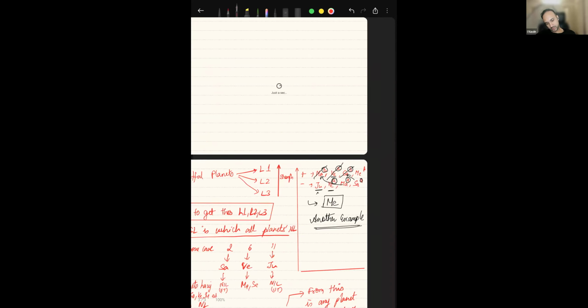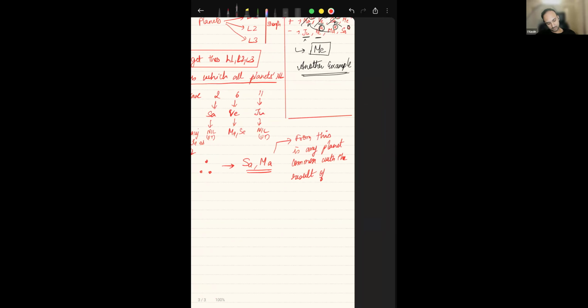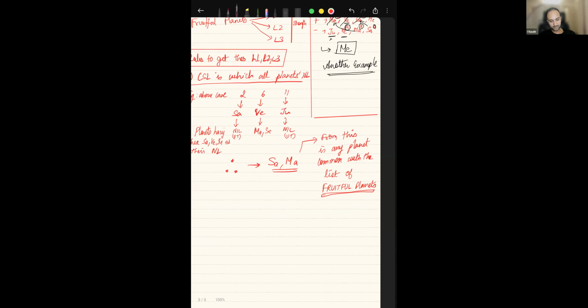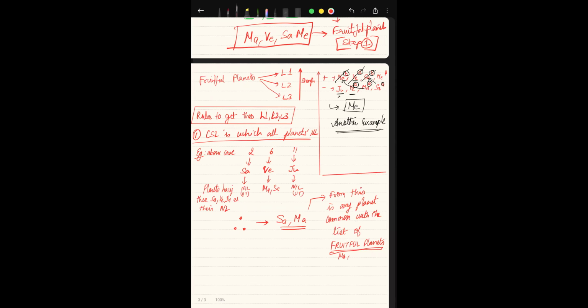What is the step? How do I name it? Okay, the result of fruitful planets, or list of fruitful planets. What is the answer? Which are the fruitful planets for me? Basically, Mars, Venus, Saturn, Mercury. Saturn and Mercury, right?